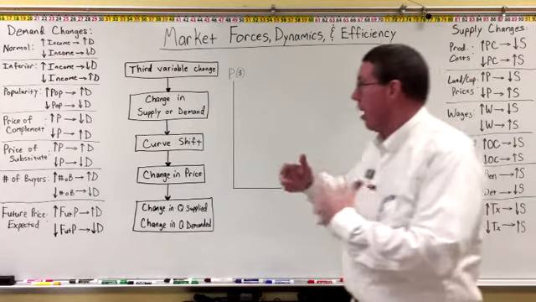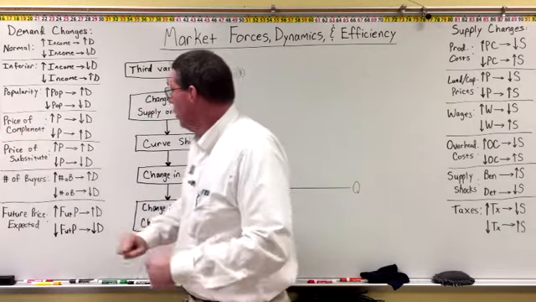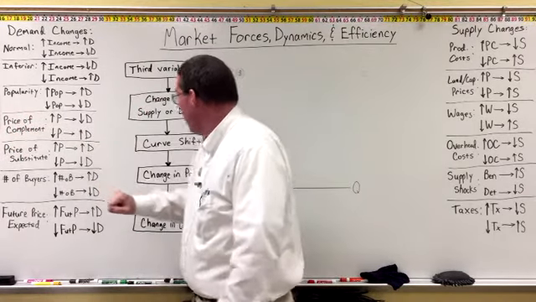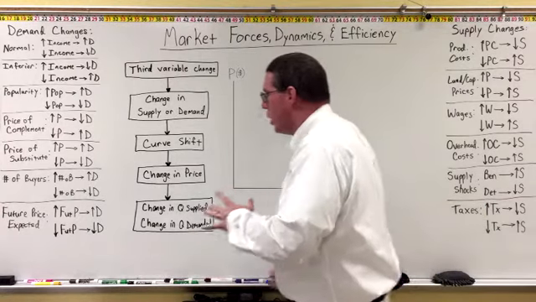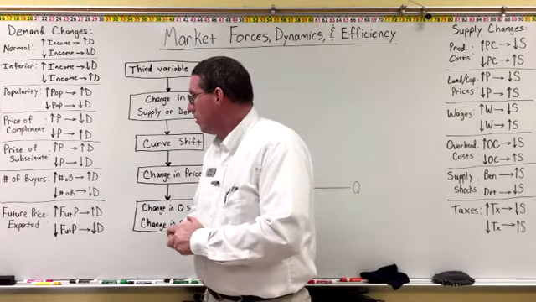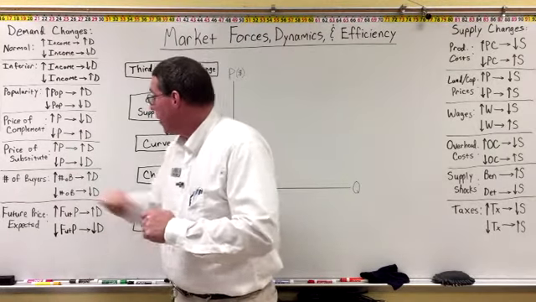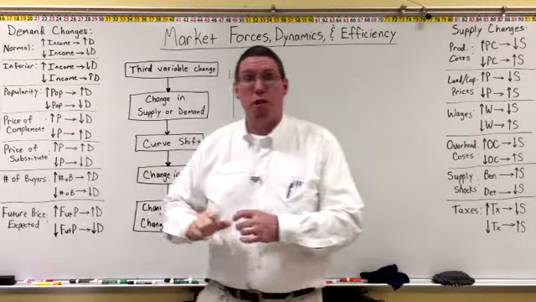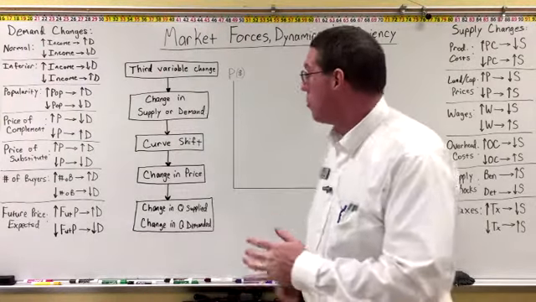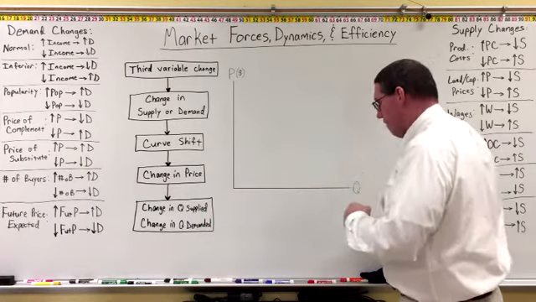Okay, it's either the price of a related good, the popularity of the product, the costs of the supplier, taxes are changing, people expect the price in the future to change, number of buyers changes in the market, the income of consumers changes. Okay, so some third variable not represented on the market graph changes.